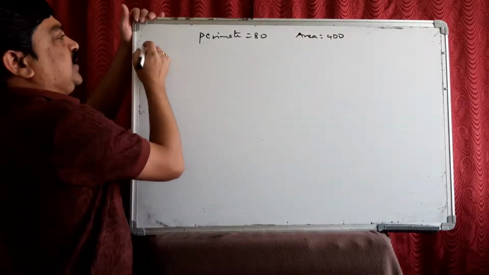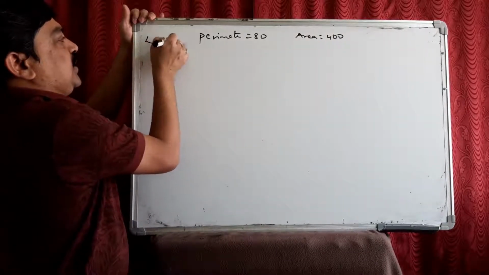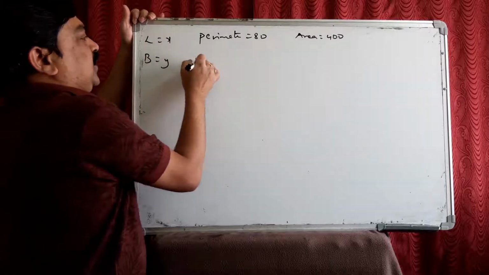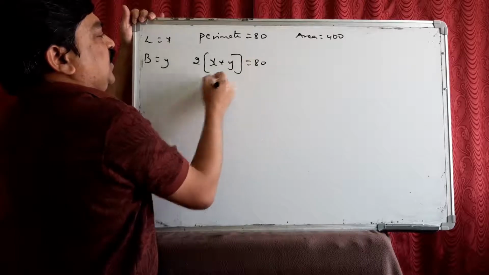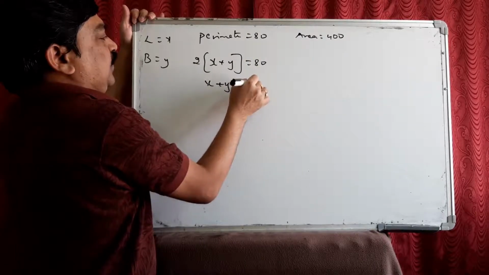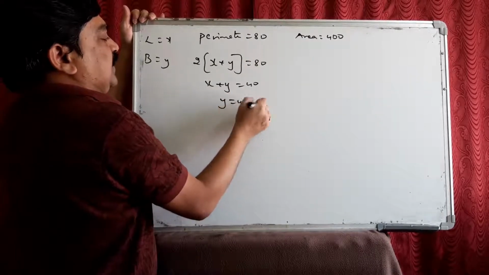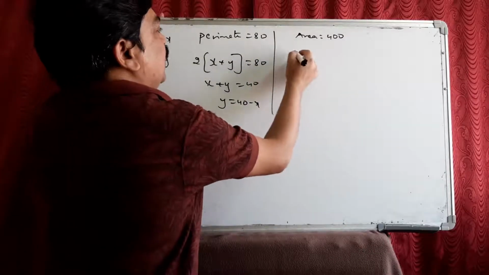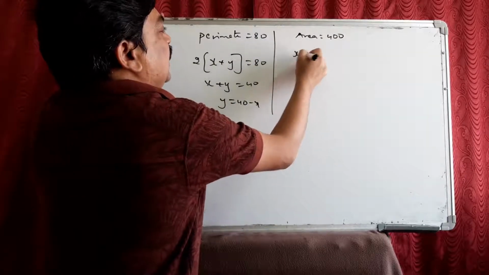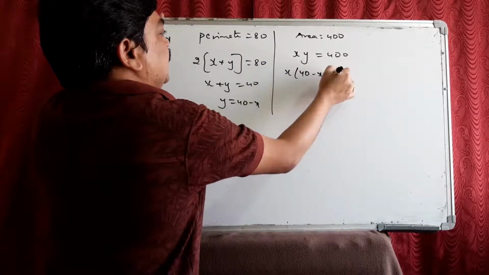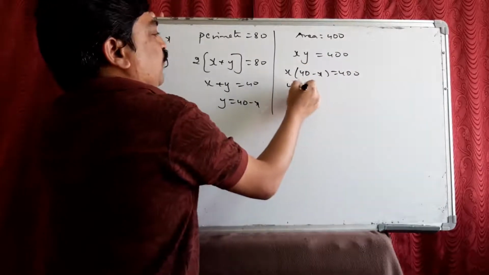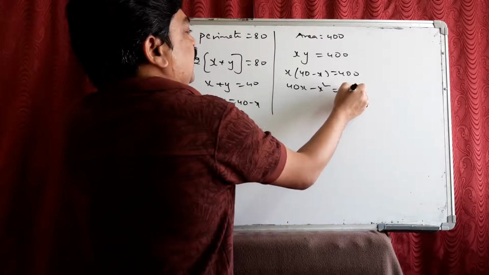Suppose I take length and breadth as x and y, length is equal to x, breadth is equal to y. Perimeter is 2 into length plus breadth. So x plus y becomes 40, y is 40 minus x. In the same way, area is 400, length into breadth, x into y is 400, x into 40 minus x is 400. So it becomes 40x minus x square is 400.